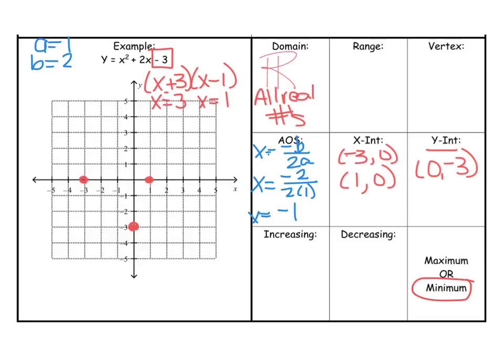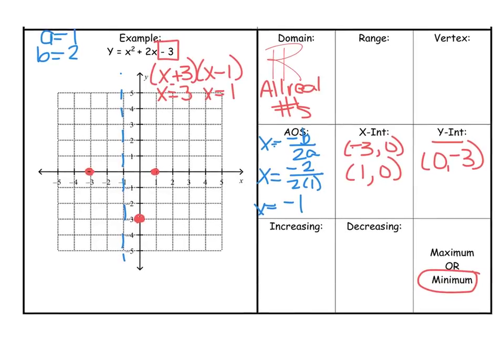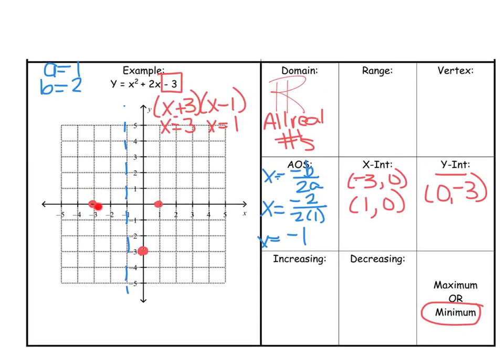So our axis of symmetry is going to be in here, which is the halfway point between -3 and +1. So we can use that axis of symmetry for the x value of our vertex. So the x value of our vertex is -1.